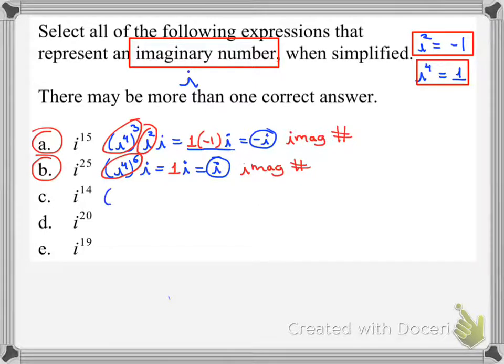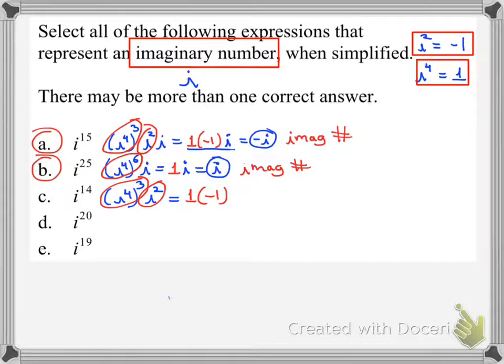How many i to the fourth do I have in 14? We have 3 of them. That's 12. How many are left? We have 2 more. And that's it. Now, we know that every i to the fourth is going to be equal to 1, and that i squared is going to be equal to -1.